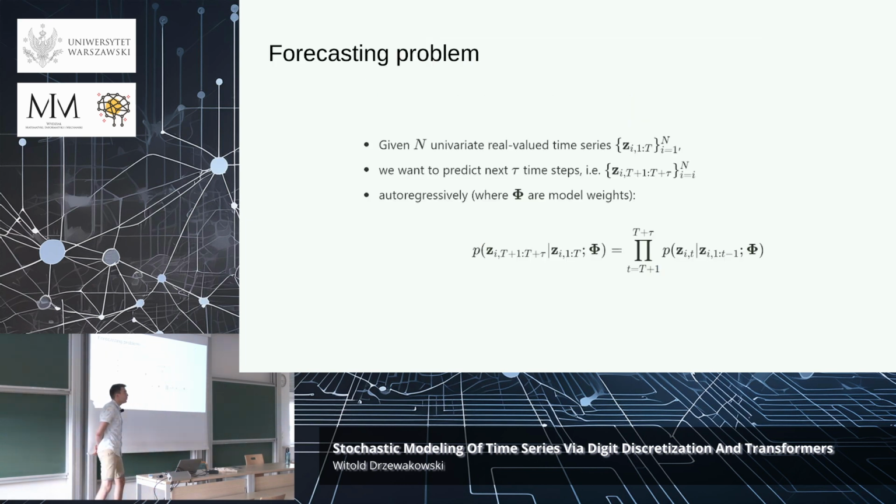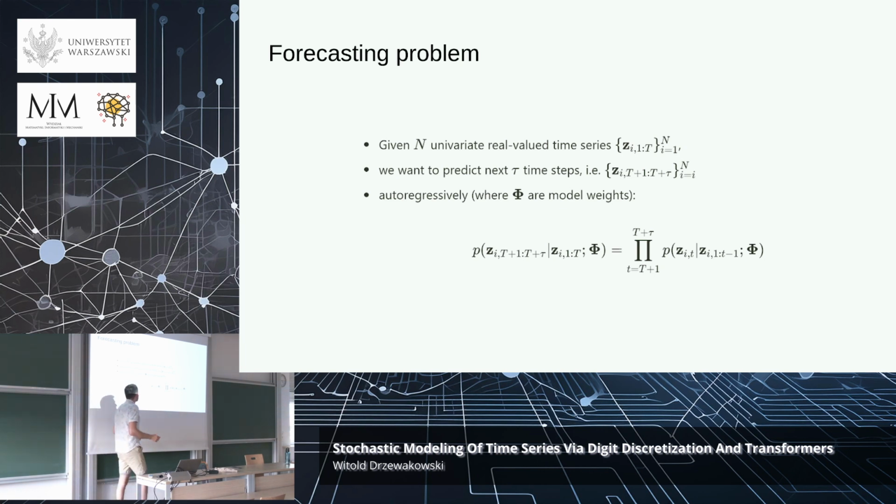So let's review what the problem is. We are in the forecasting problem, so we want to model a joint distribution over some horizon given a certain context. Let's say we have 200 time series values and we want to model the next 24 ones.